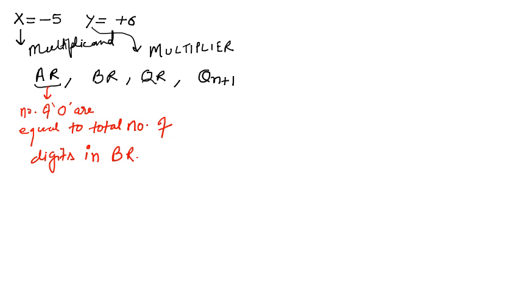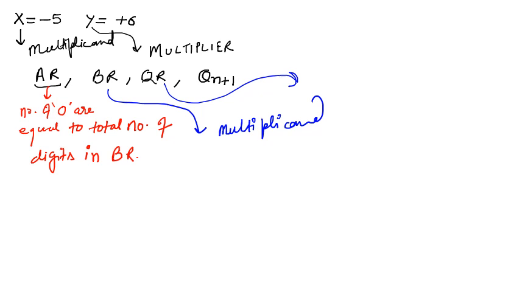So in BR we will take the multiplicand, and this QR will comprise the multiplier. And this QN+1 is a flip-flop.